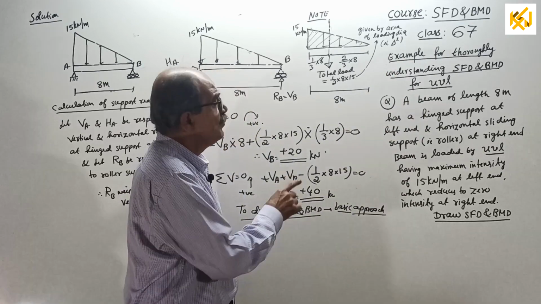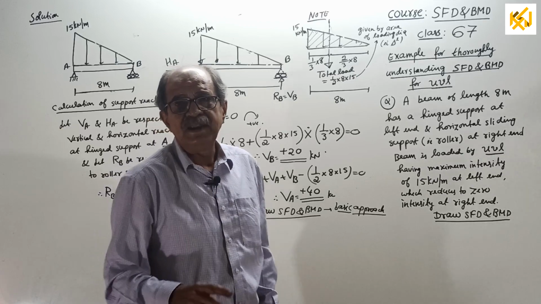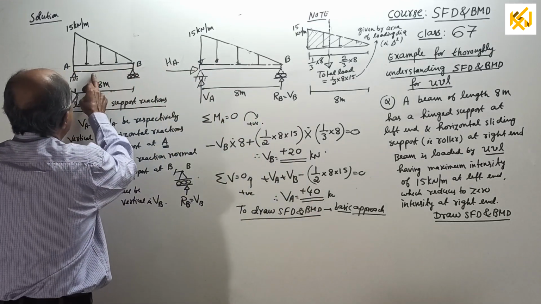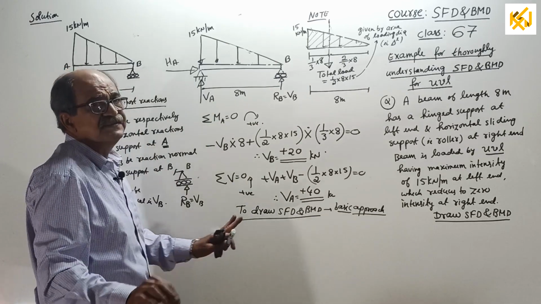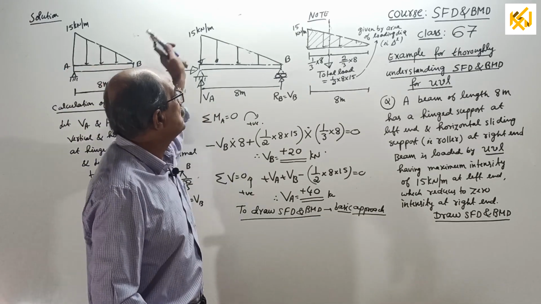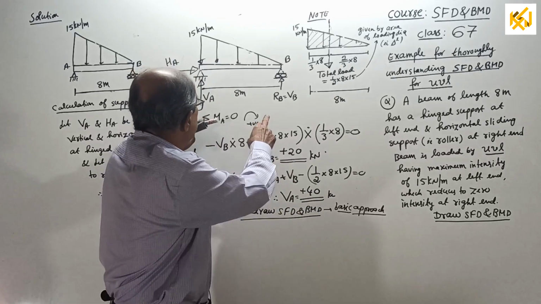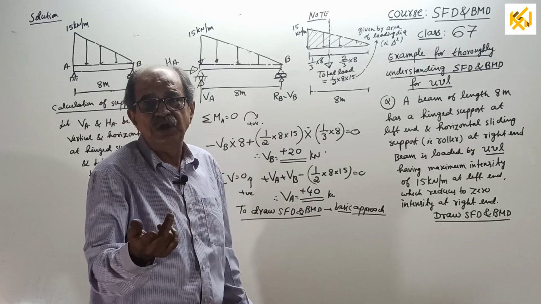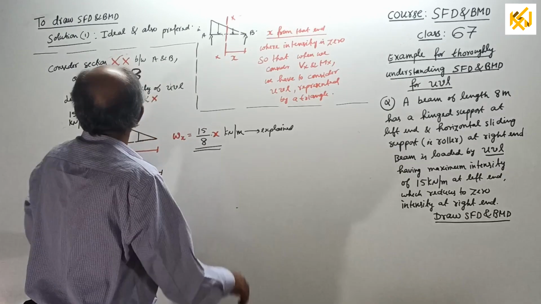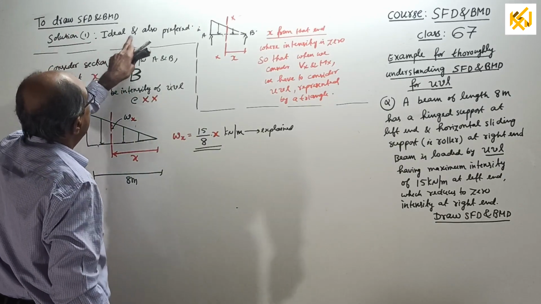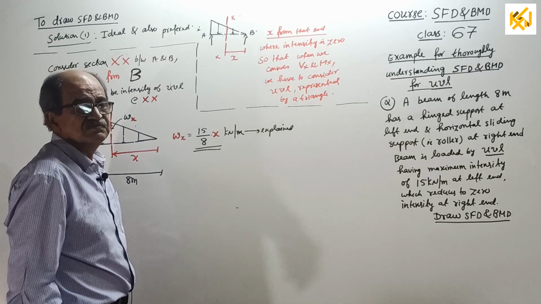Okay, now I will first go for option 1. What I will do is, same as last time, I will consider x from B. So, exactly same as last time. I will write a solution here, leave it for display and then go to solution 2. Now ready to draw SFD and BMD. Solution 1, ideal and most preferred.